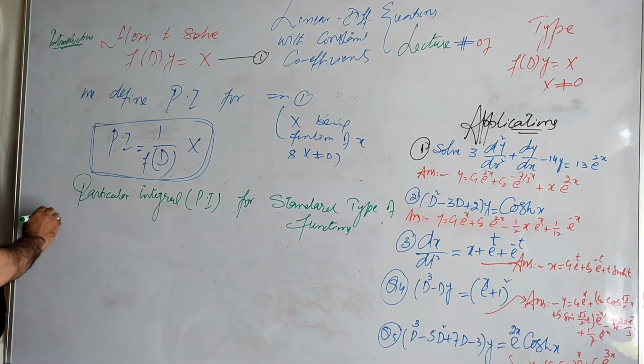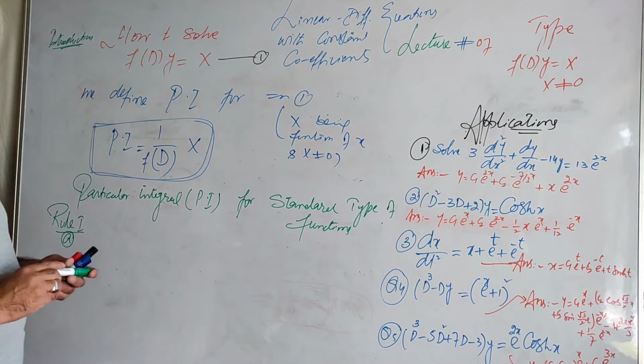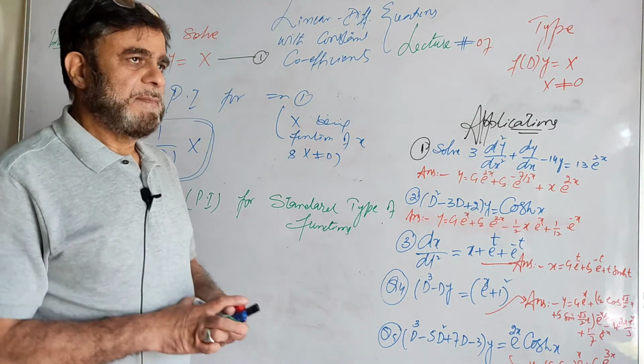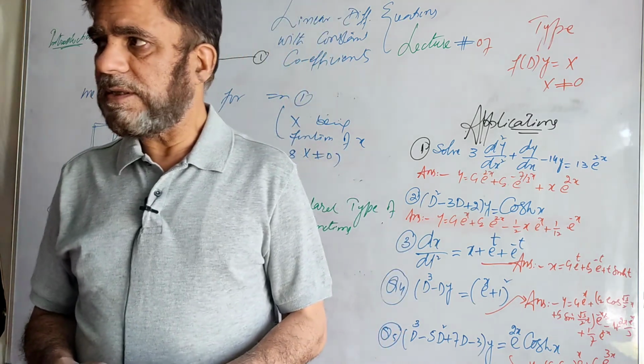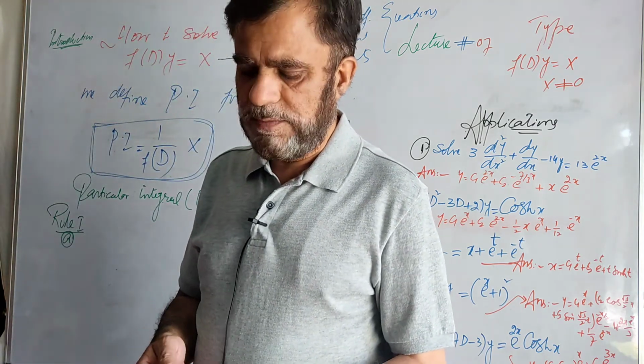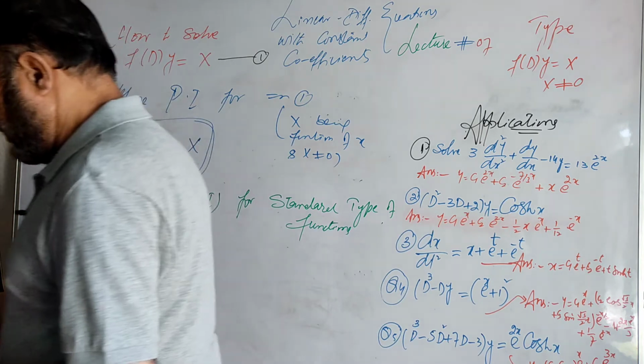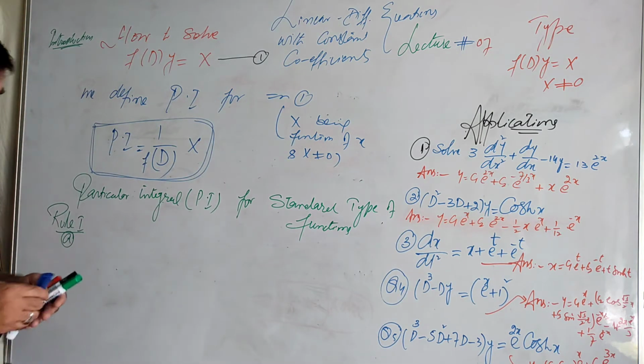We have different rules for this. I will discuss rule first. I will name this A part. Why A? This rule first will have two parts. Number one is when f of D becomes the denominator not 0, and when the denominator is 0. Let us see how we proceed.